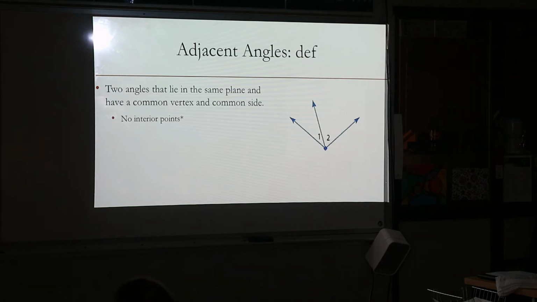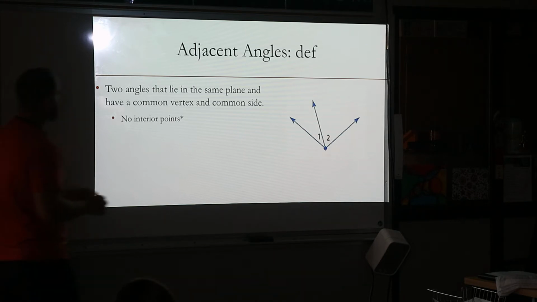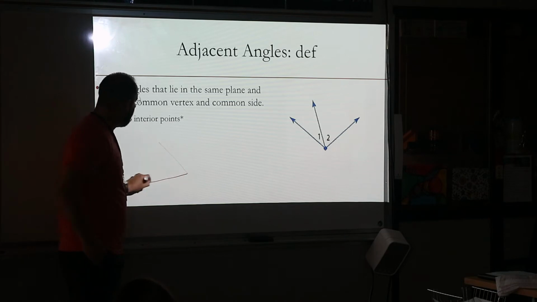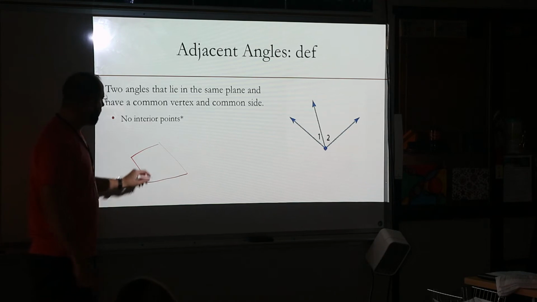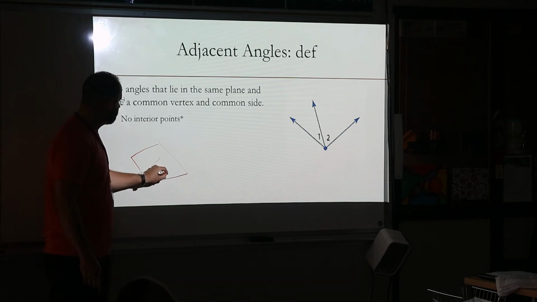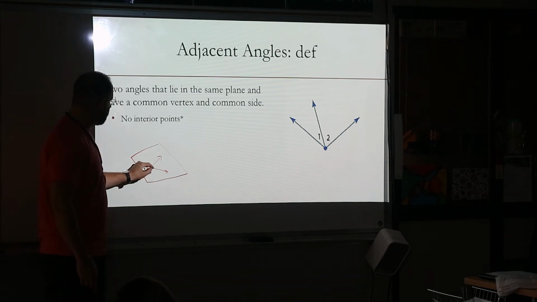There is this weird option where you could draw an angle so that it's going two different directions. What I mean by that is that I could have a plane, like a piece of paper, right? That's a piece of paper, it's a plane. And I could have an angle drawn on it like this, where this is the vertex, this is the angle, we'll call this angle number 3.